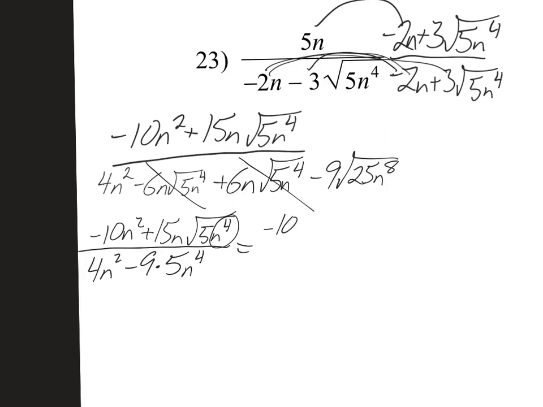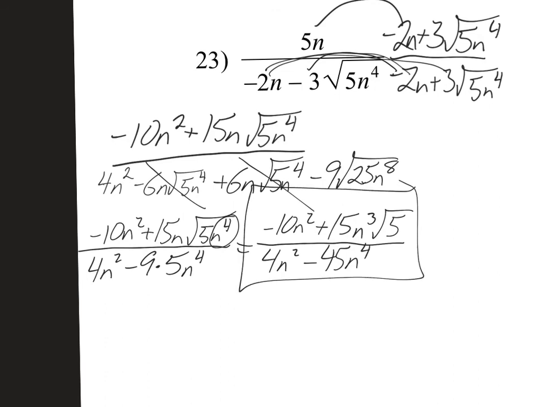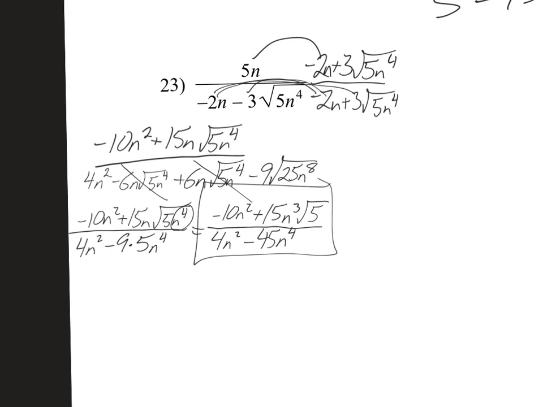So I have negative 10n squared plus 15n to the third, because I had 1 and I added 2 to it, so 1 plus 2 is 3, radical 5, over 4n squared minus 9 times 5 is 45n to the 4th. I would accept this as my final answer. I would say, okay, that's fine. I don't think on the test I will give you one that is this hard.